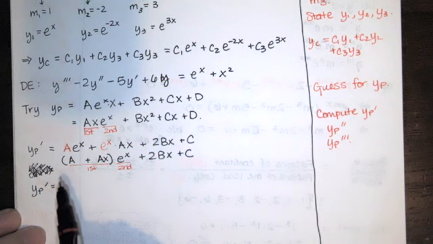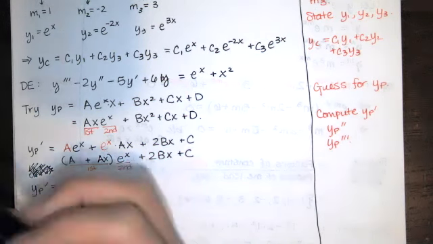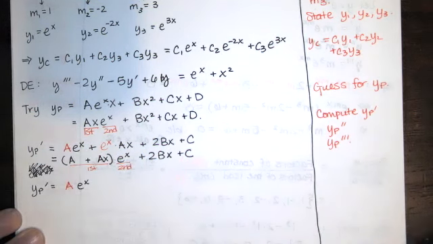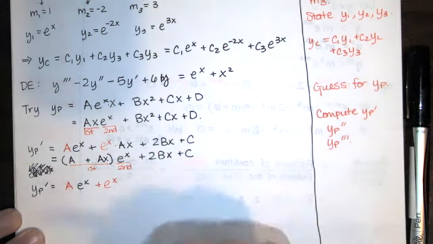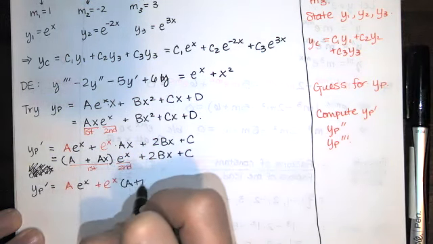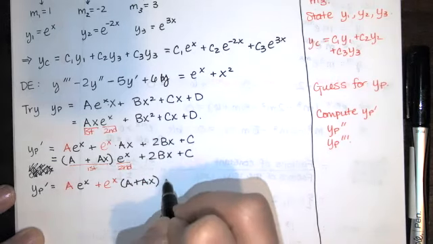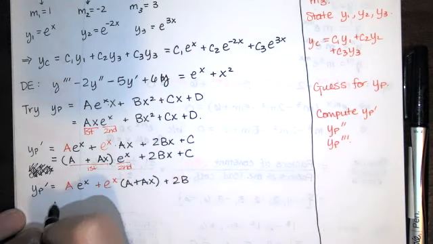According to the product rule, the derivative of this product is the derivative of the first times the second, undifferentiated, plus the derivative of the second times the first. And then we add the derivative of this constant times x, which just gives me the constant, and the derivative of the constant by itself is 0.